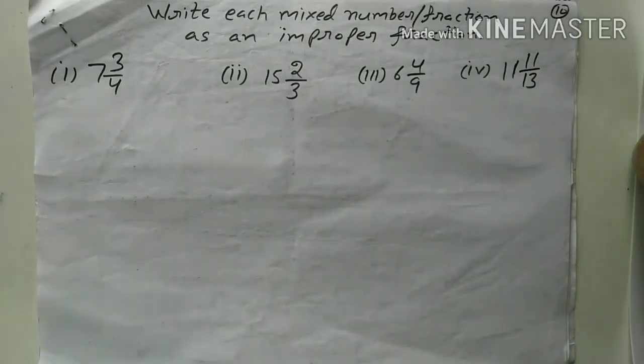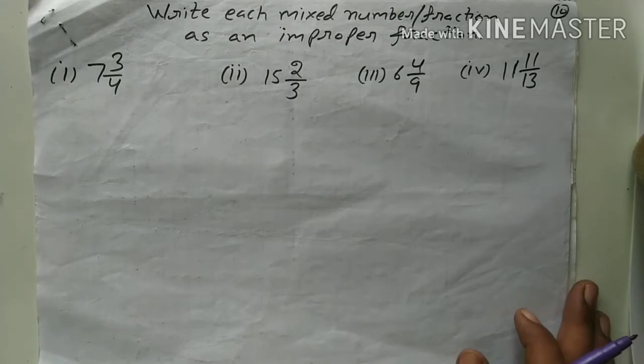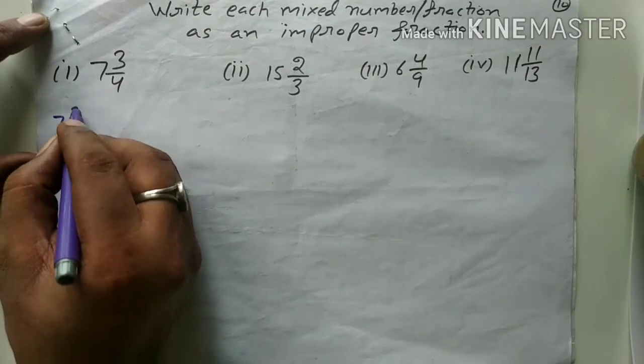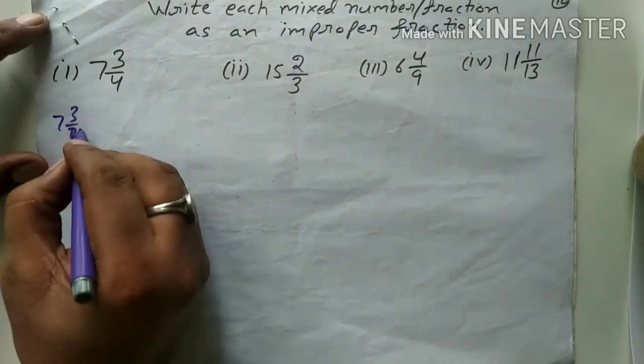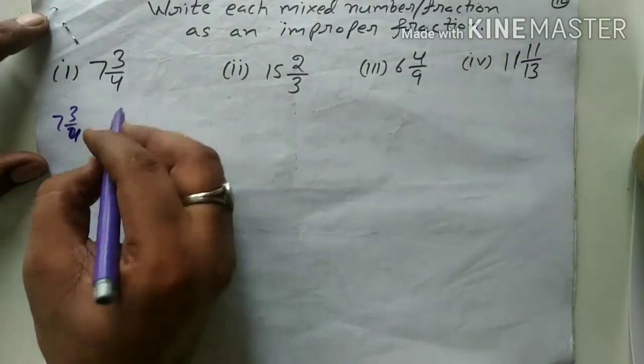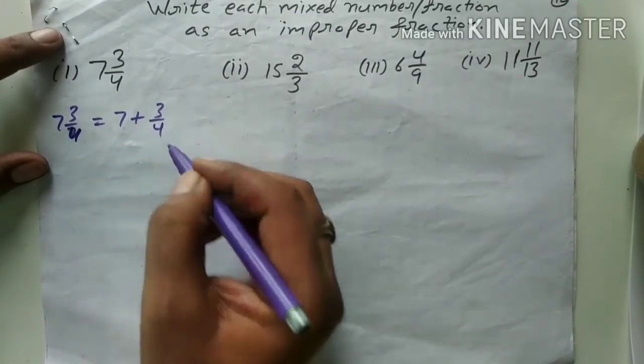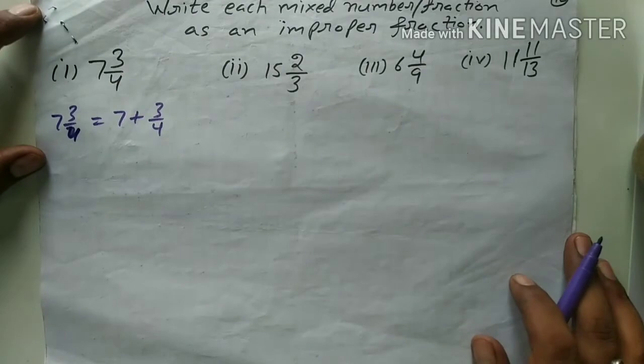Now in this part we are going to write each mixed number or fraction as an improper fraction. Here you will see that the mixed fraction is 7 and 3 by 4. It can be written as 7 plus 3 by 4. As we know, a mixed fraction is the sum of a complete number and a fraction.